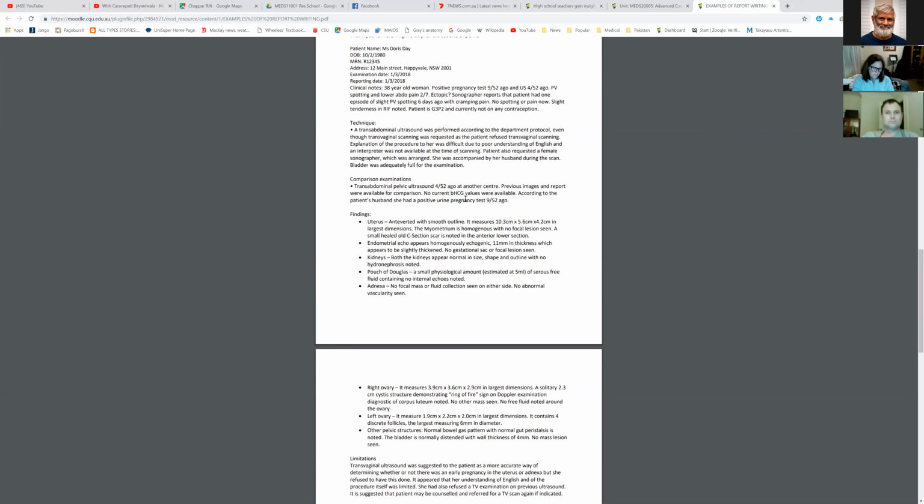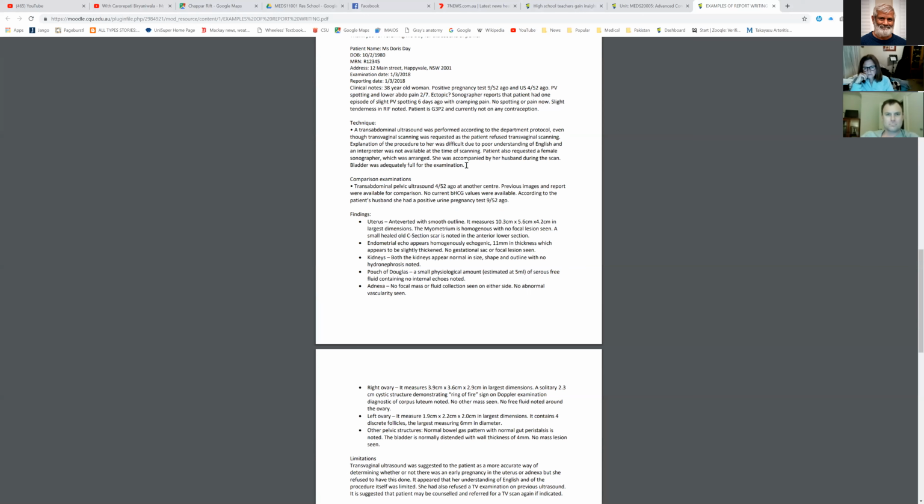So you have to show that there was adequate care provided to the patient in your report. It has given, number one, what is actually happening with the patient at the moment. Number two, it gives you an outline of how this scan was done, what the difficulties were, and what would then be the limitations.